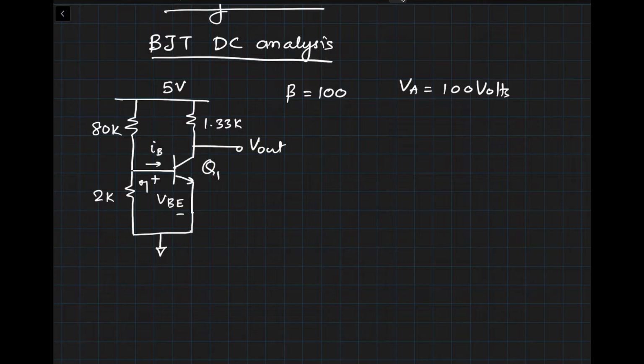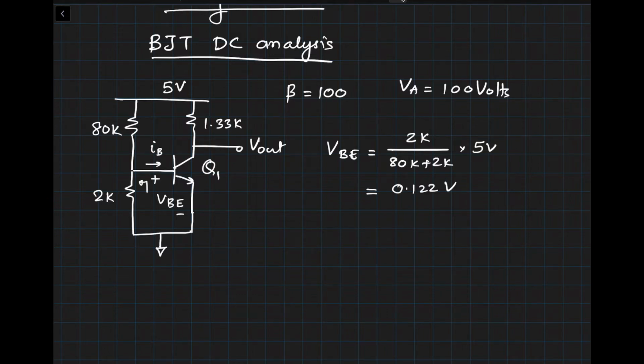You will quickly be able to tell that the V base to emitter is going to look like 2K divided by 80K plus 2K multiplied by 5 volts, and this is going to be equal to 0.122 volts. So it should be obvious then that the base to emitter junction diode is not going to be turned on.